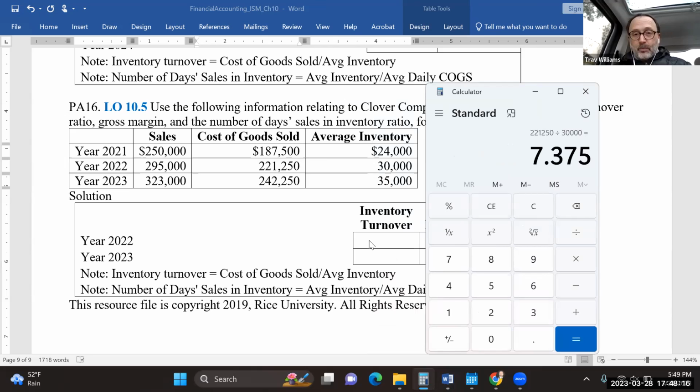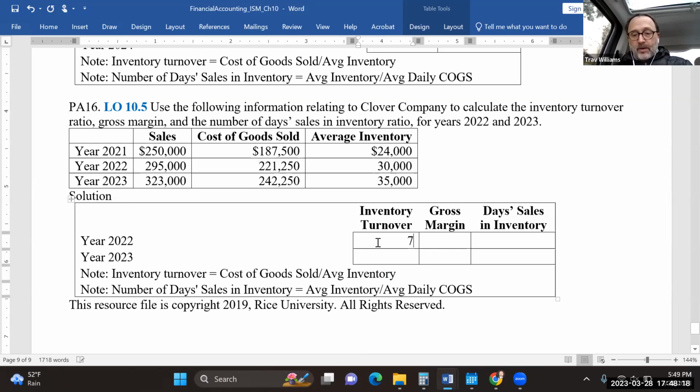And we get 7.4. On this one, we're going to round off to one place after the decimal. Then to get gross margin, you take your sales minus your cost of goods sold. So let's do that. $73,750.